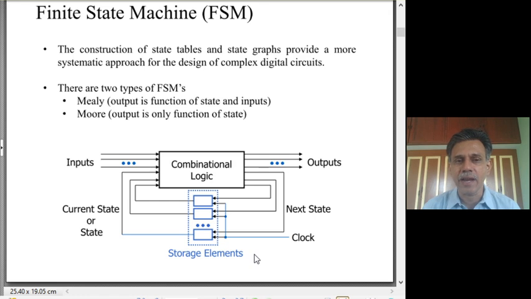So we can segregate the two parts of the digital circuit, one that is purely combinational and the other which is purely sequential, in the sense of the bare minimum sequential, which is nothing but the group of flip-flops. Any other gates associated with the sequential part are taken into the combinational part.